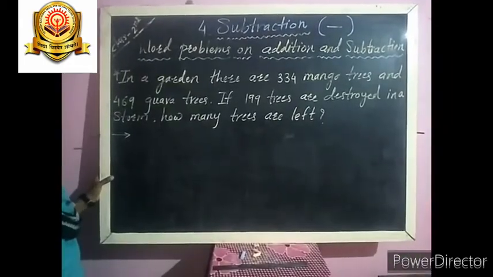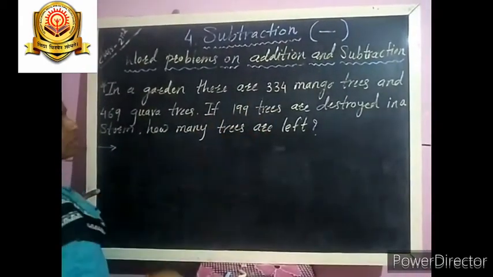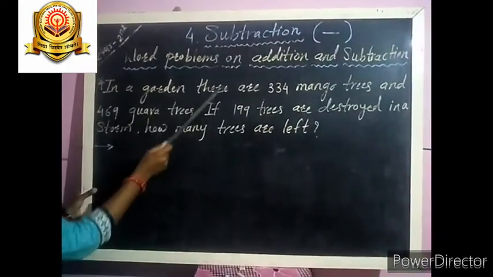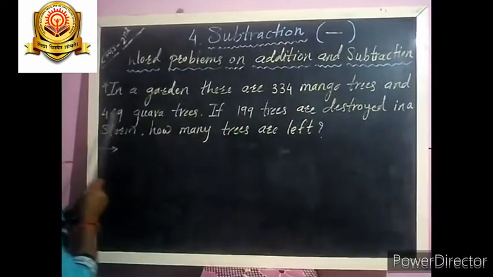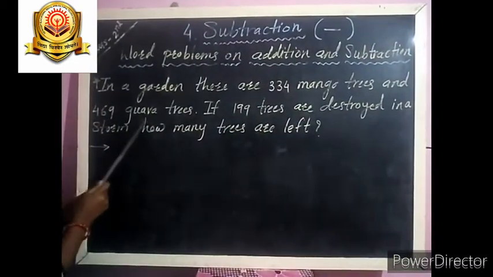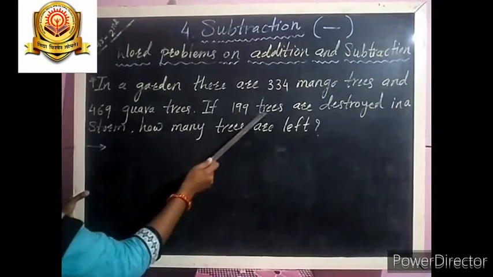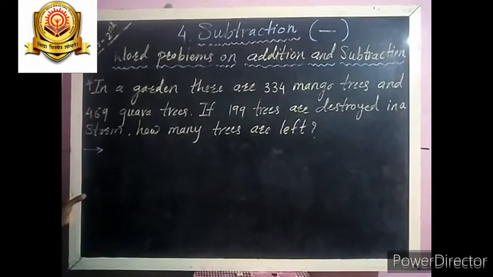Now our next point, word problems on addition and subtraction. For example, in a garden there are 334 mango trees and 469 guava trees. If 199 trees are destroyed in a storm, how many trees are left?